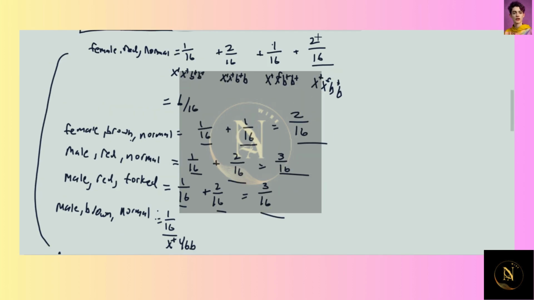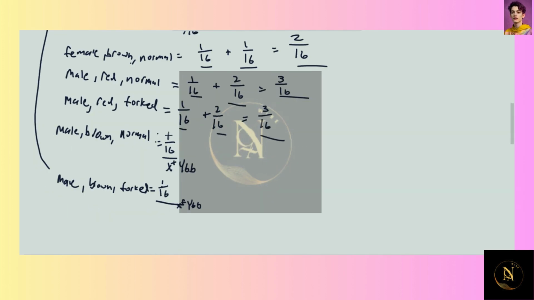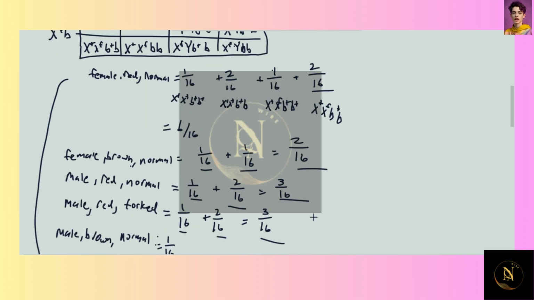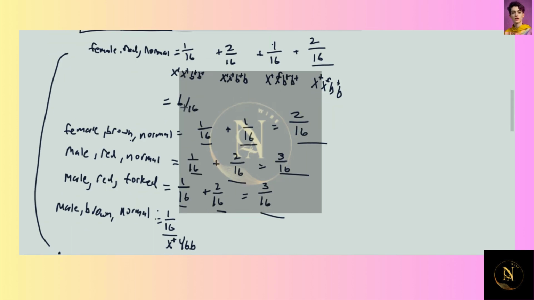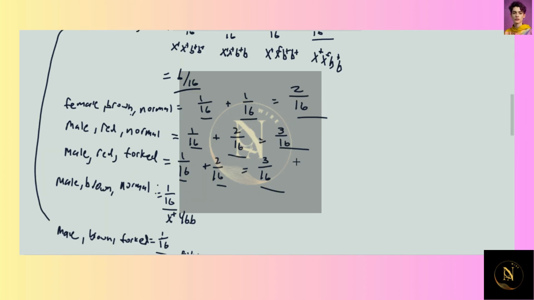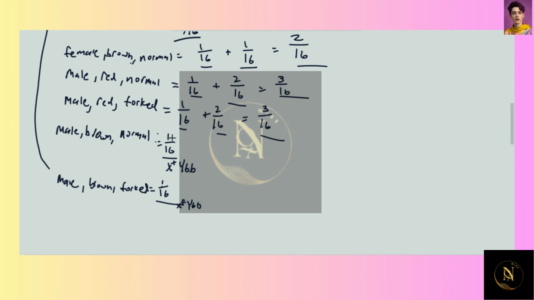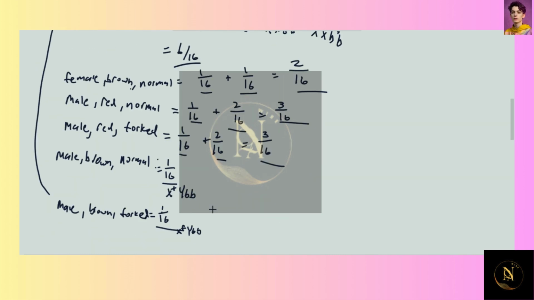And this should all add up: 6 plus 2 is 8, plus 3 is 11, plus 3 is 14, plus 1 is 15, plus 1 is 16. So these answers will be the correct ones then here.